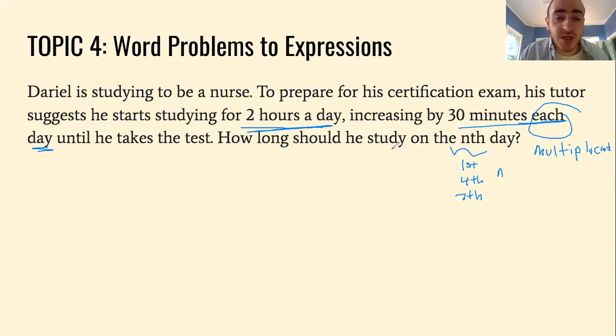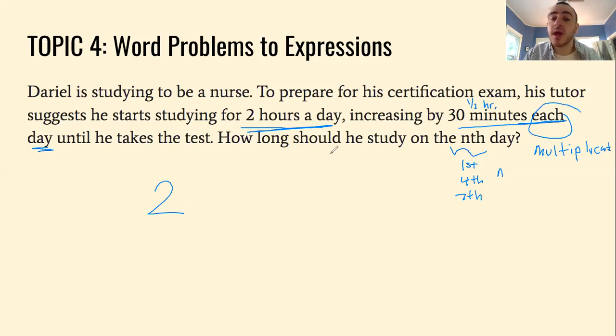So to make an expression is kind of an algebraic statement with no equal sign. So we know that he has to start studying with at least 2 hours, and then every day he should increase by 30 minutes. Well, the first thing I notice is that I have hours and minutes, so that can't work. I do know that 30 minutes is half an hour.